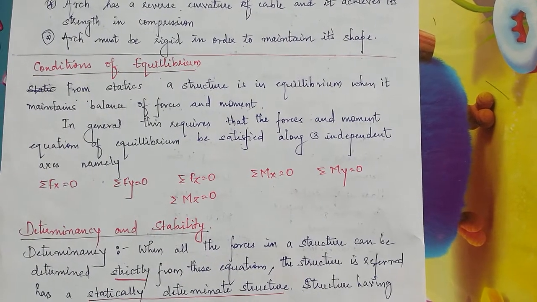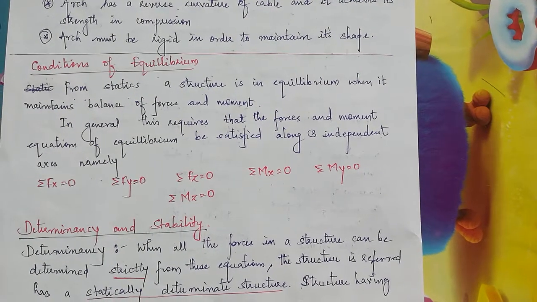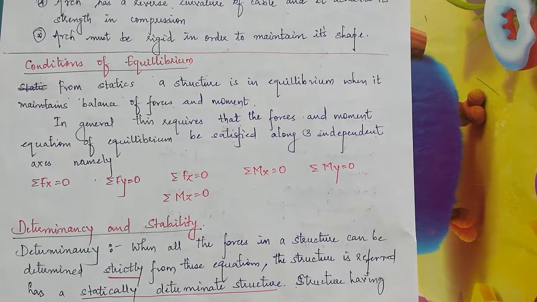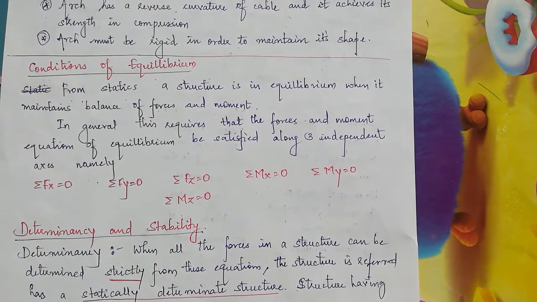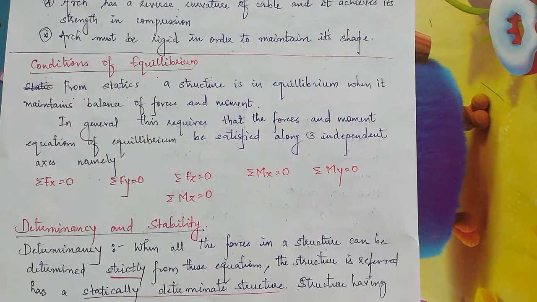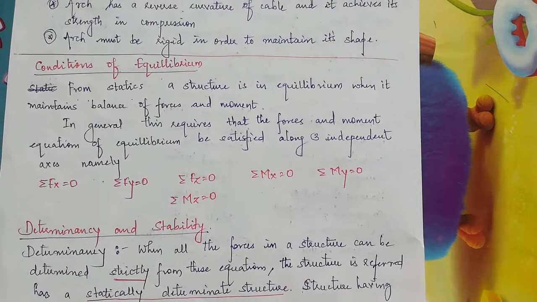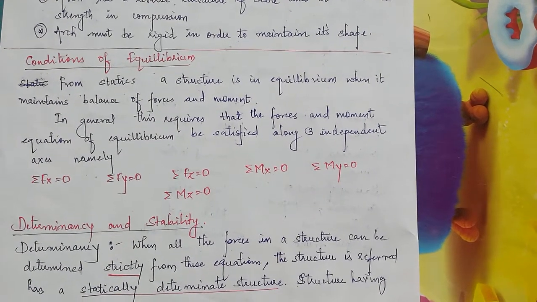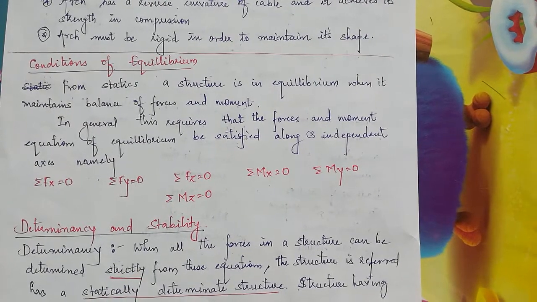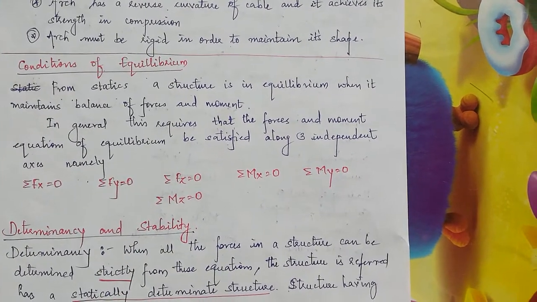Now here we have generally three axes, that is your x, y and z. In all these three axes, all the forces and all the moments should be in equilibrium. That's why we have summation F and summation M. F stands for force and M stands for moment, whereas the suffix x, y, z stands for the axis in which we are dealing with.